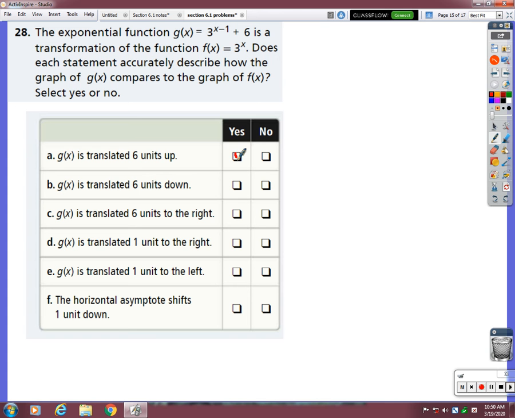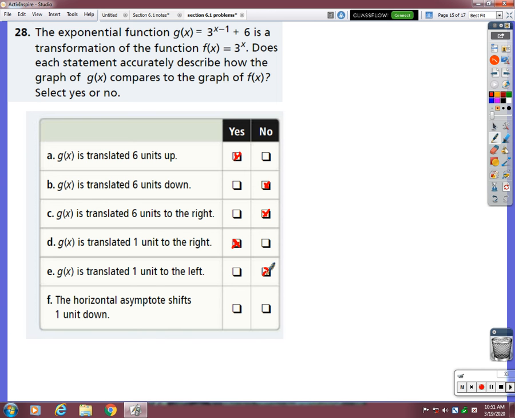That's a yes. G of x is translated 6 units down. Obviously, no. G of x is translated 6 units to the right. Not a chance. G of x is translated 1 unit to the right. Yeah, even though this is negative, remember that we do the opposite thing. So that's a yes, which means it's not translated to the left.